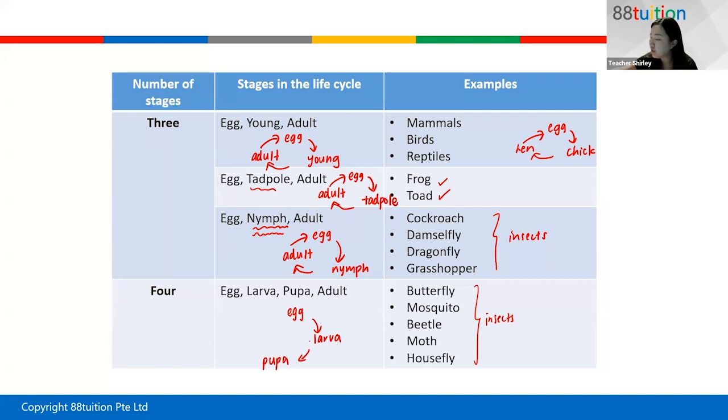A, B, C, D, E, F, G, H, I, J, K, L, M, N, O, P. Right, and then adult is A. It's a cycle. So you see A, E, L, P. Okay, so the common ones that you need to know are like mosquito, butterfly, beetle, moth. All these are insects that have 4-stage life cycles.